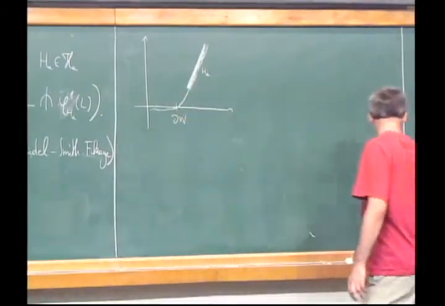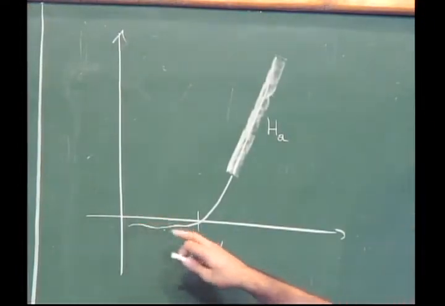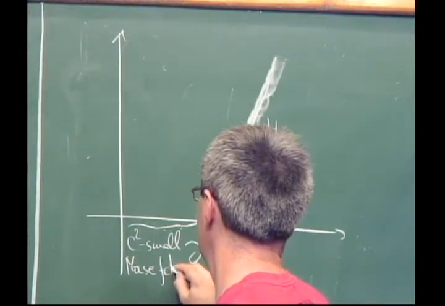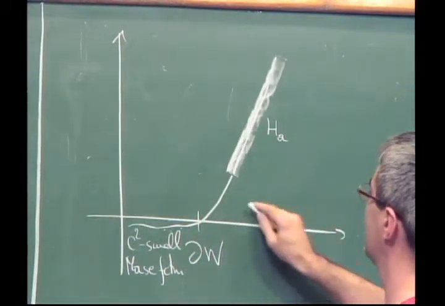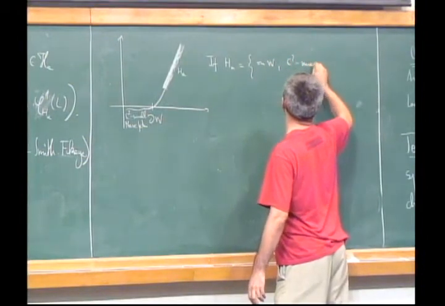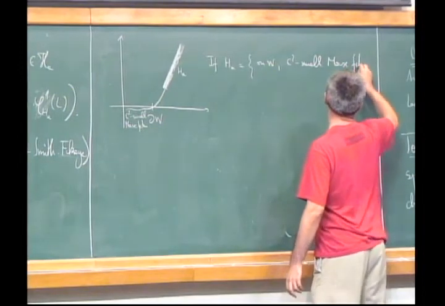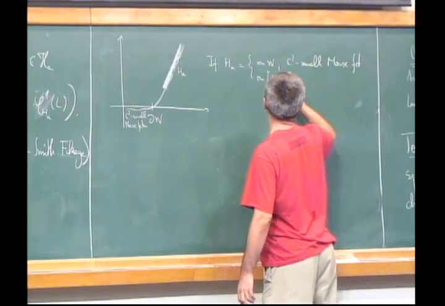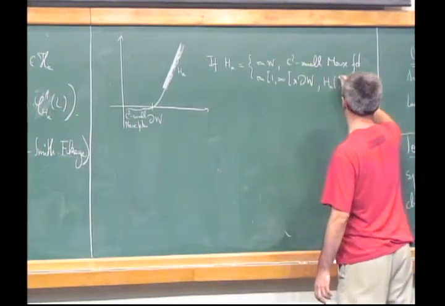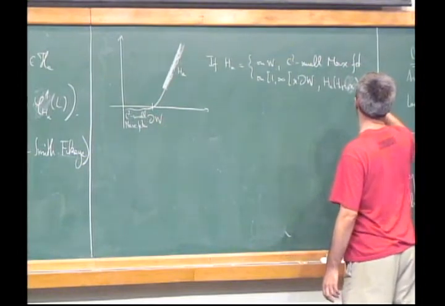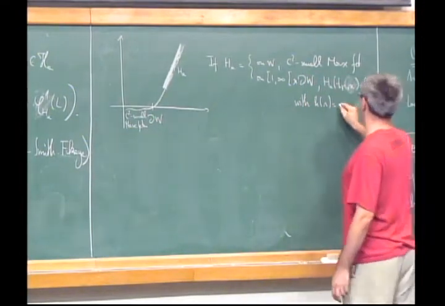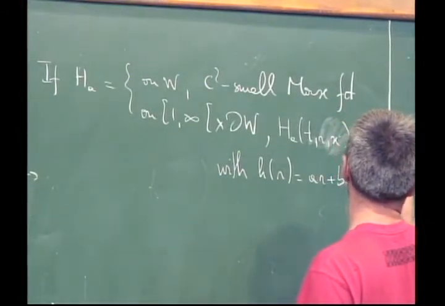Imagine that inside the manifold it's a C2 small Morse function, and on the cylindrical end, the boundary cross one to infinity, H_A of r, x is equal to some h of r, with h of r equal to some a r plus b for r large.